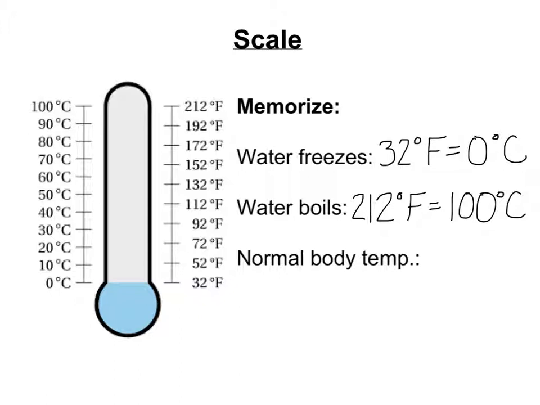Those two cross over between math and science a lot, so I would definitely recommend having those memorized. Your book also mentions normal body temperature, which is about 98.6 degrees Fahrenheit, or about 37 degrees Celsius.